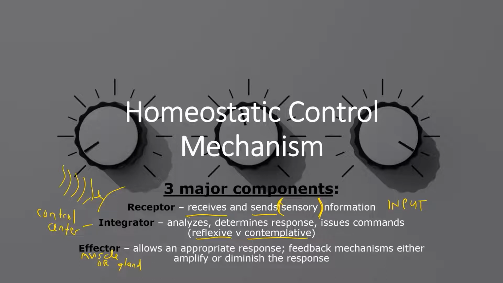Now, feedback mechanisms could make that response amplified or diminished, depending on what signals and what system you're talking about. So another thing I would put here is, this is the output. And it could also be called a motor response. So if sensory is input, motor is output.